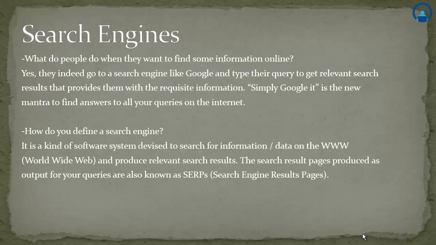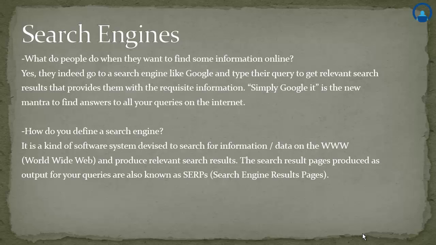They provide numerous search result pages from which you can select the ones that seem most appropriate to you. Simply Google it is the new mantra to find answers to all your queries on the internet. So Google has become more of a friend to the modern generation who are glued to the internet.